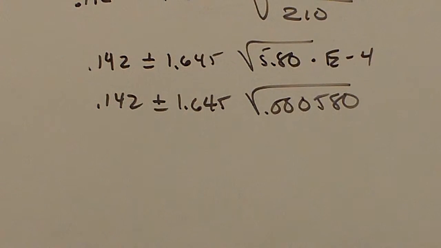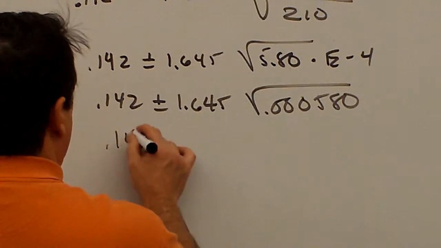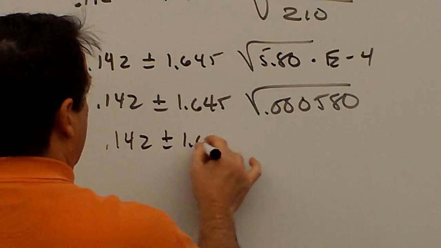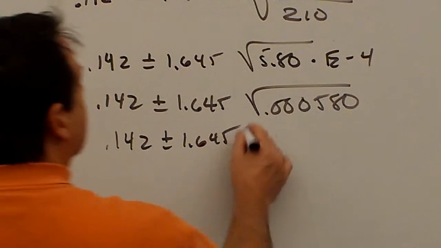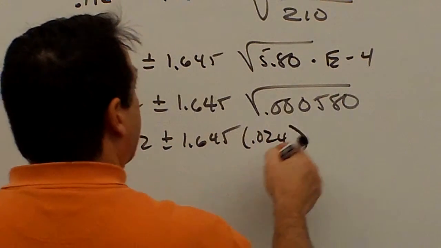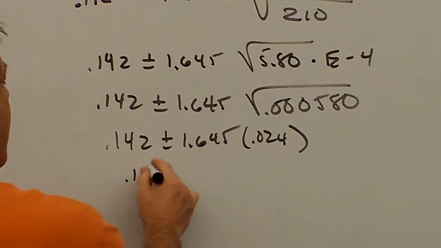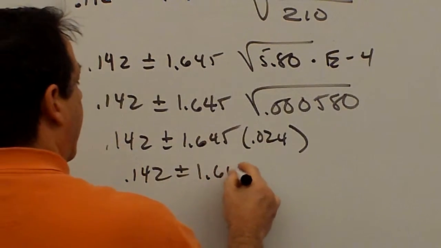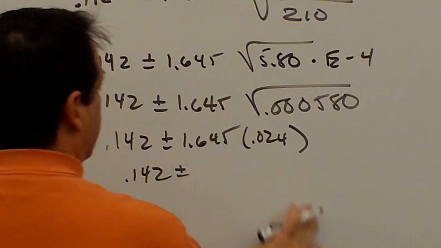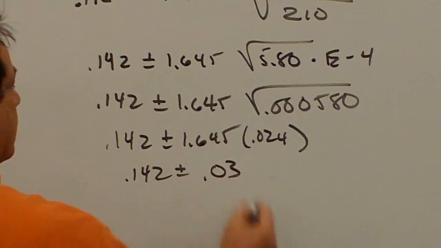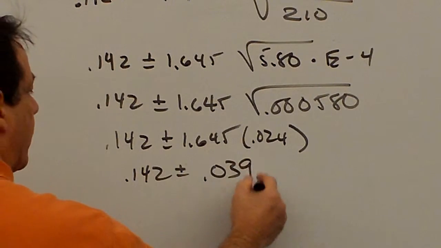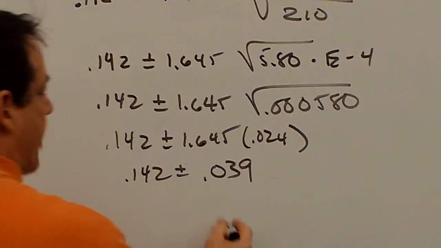So what now is the square root of 0.00058? 0.024. Now multiply that by 1.645. What do I have? 0.039.